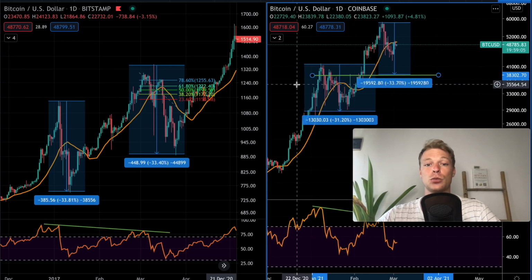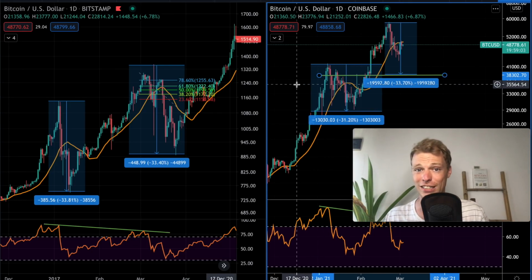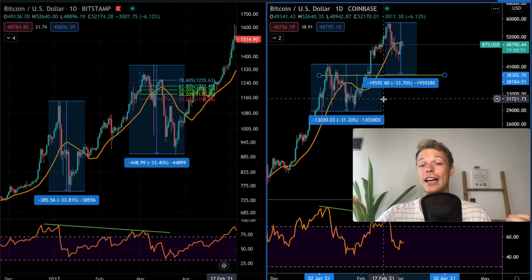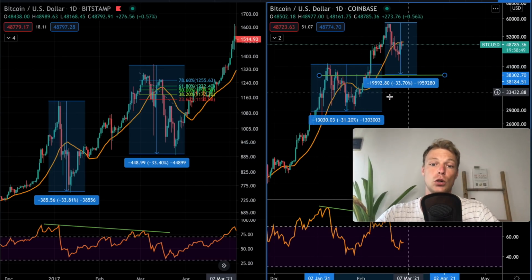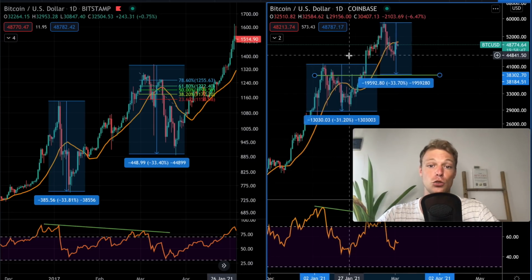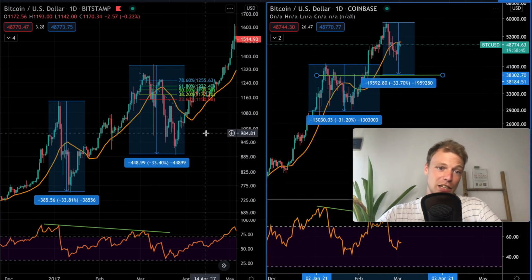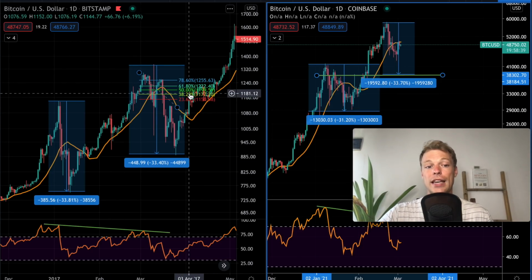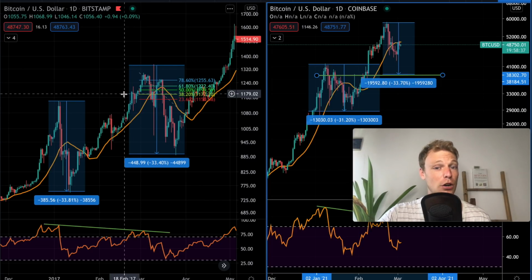It could align as well, depending a little bit on when we are reaching that level, with the 20 weekly moving average, because the 20 weekly moving average is a dynamic number, right, which is increasing rapidly week after week. So this is, guys, a scenario I wanted to share with you, and I think it would be a logical path for Bitcoin to take to replicate something as we have seen right here in 2017.